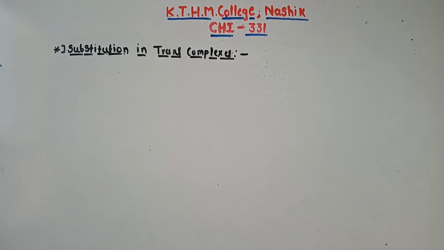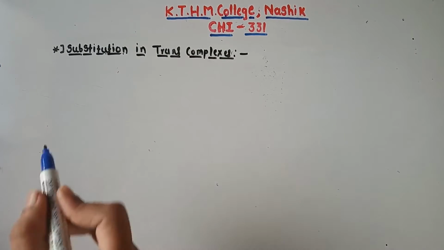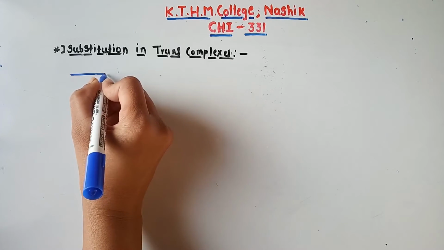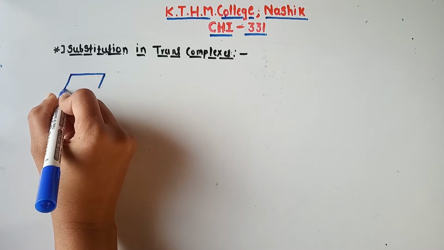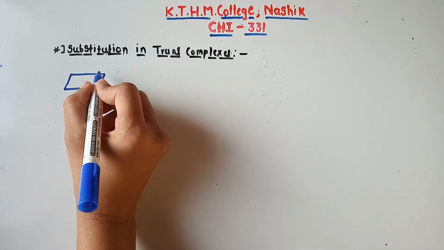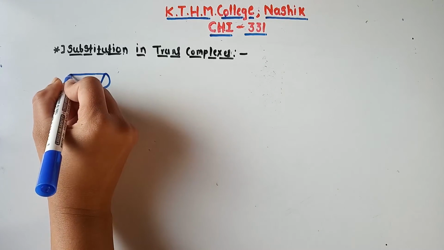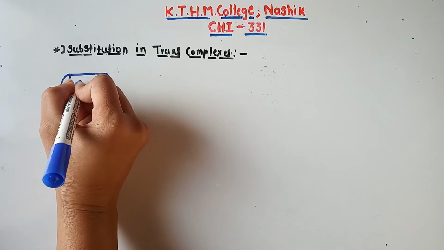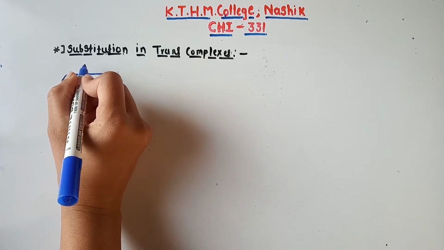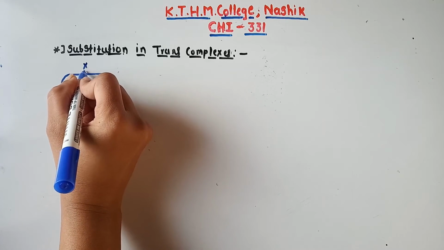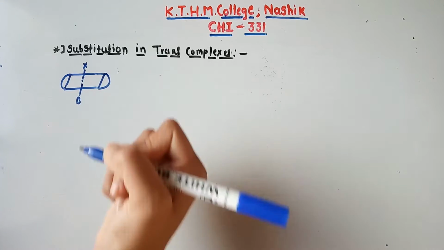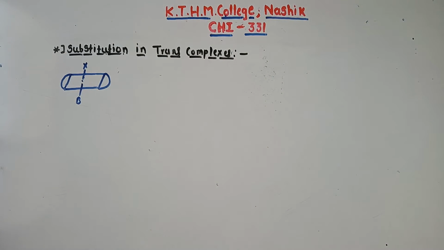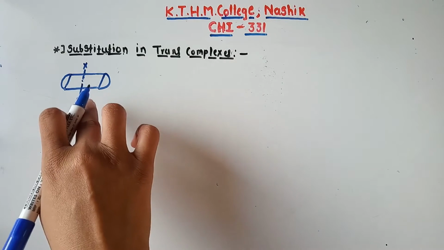If we draw this complex like this, these are the LL, meaning bidentate ligand, B monodentate ligand, this is your central metal atom or ion, and X, this is also a monodentate ligand. See here, the geometry is trans geometry and the complex is M(LL)2BX.